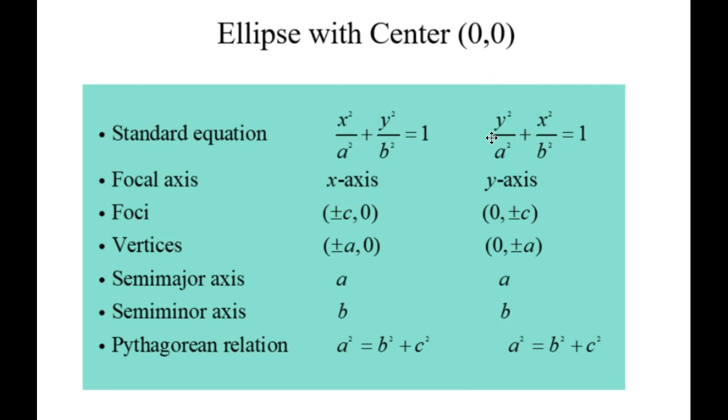And then you can see if our x squared term is first, our focal axis is going to be on the x-axis, and we have our expressions we can use for the foci and the vertices, and then the similar idea for if our y squared term is first. If our x squared term is first, referring to the value of a being larger, that just means our ellipse is elongated on the x-axis.